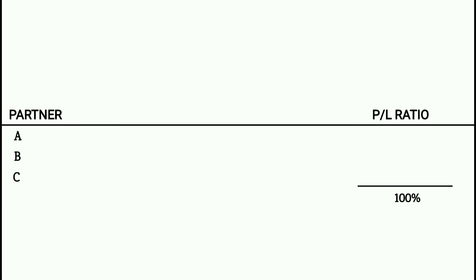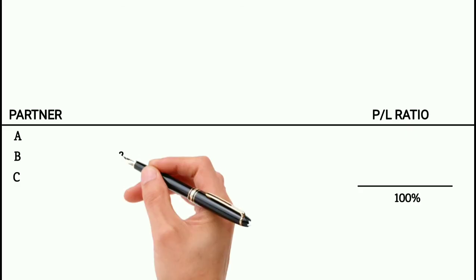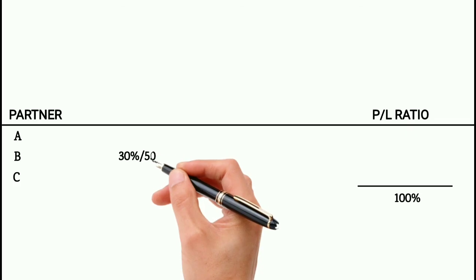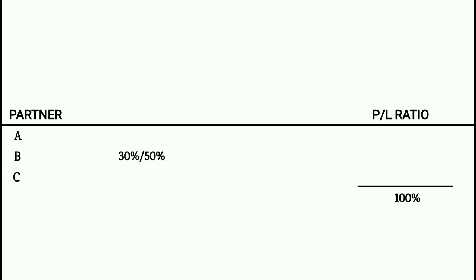Next, let's compute for the profit or loss ratio of the partners after A's retirement. For A, of course, wala na kasi nag-retire na si A. For B, 30% divided by 50%. That is equal to 60%.